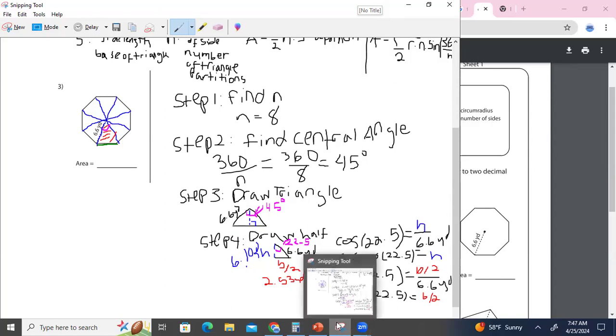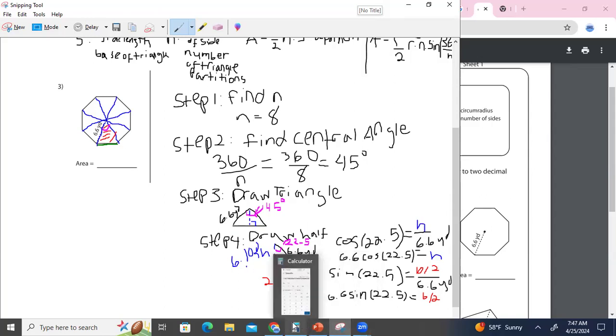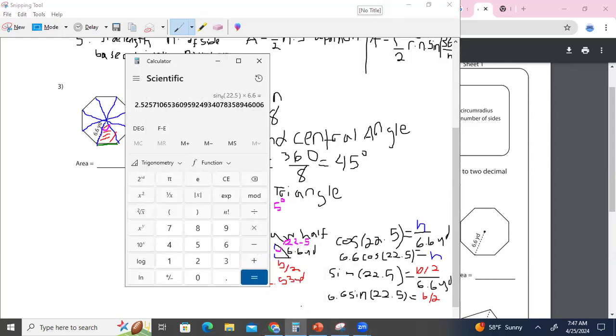So that's probably what I'll go ahead and do, rather than setting up the entire thing and saying half times side length times. Nah, I can just go ahead and say, okay, I know 2.53 times 6.10 is already half base times height.